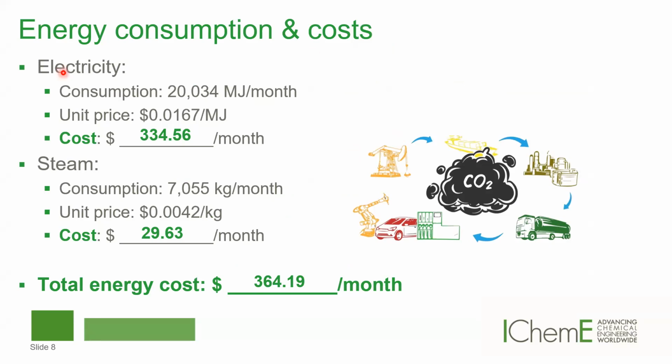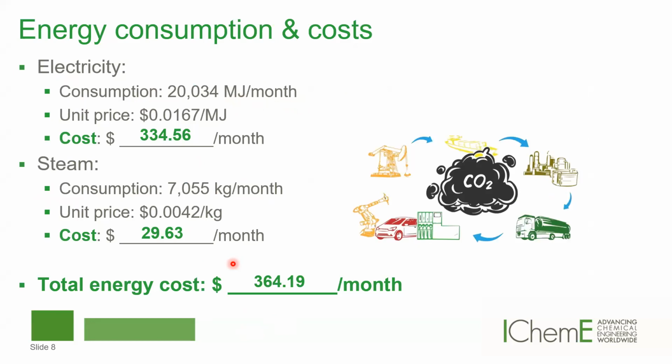Basically, just get the data from the production. For example, your data is in megajoules per month. Then given the price of electricity, you can calculate the cost of electricity per month for the production. And for the steam, the same way, just calculate the cost per month and add the total energy cost.